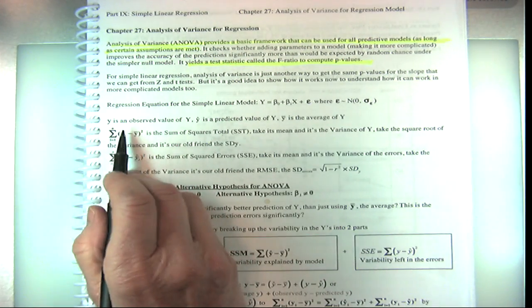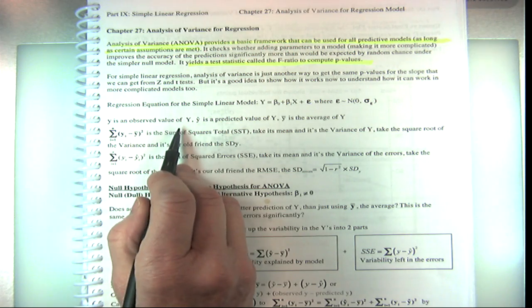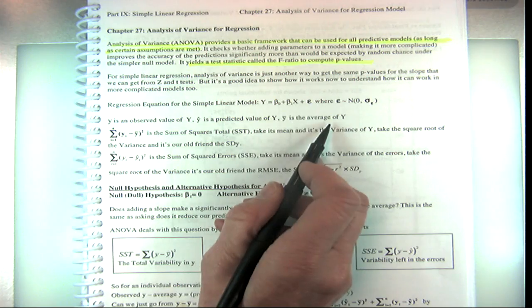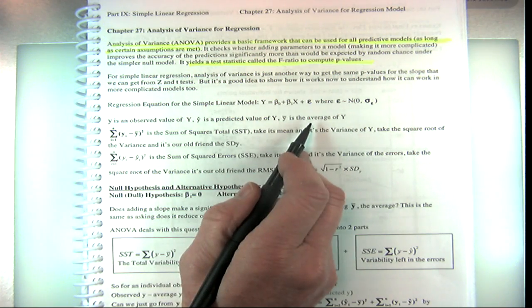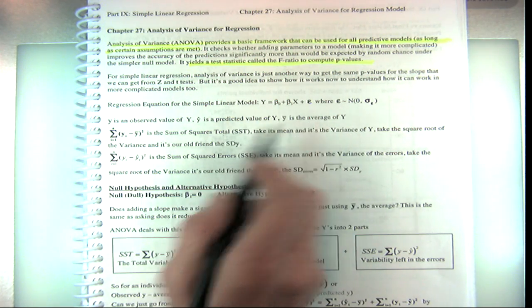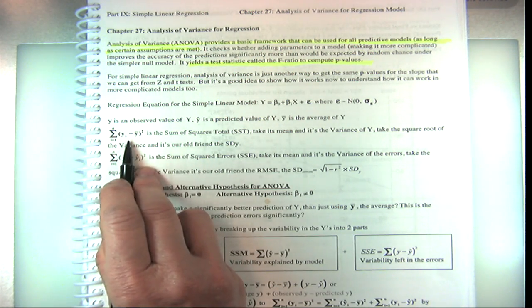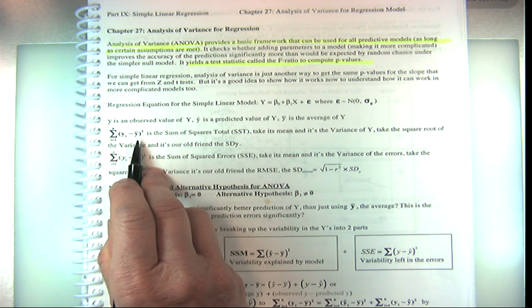We're going to say y is an observed value of y, y with the little hat on it is the predicted value, and y bar is the average of the y's. Remember when you take a standard deviation, you get all the deviations. For each y, we subtract off the average, and we square them.